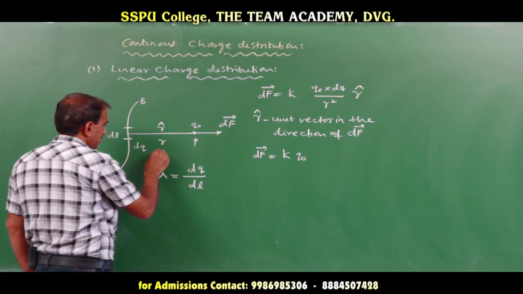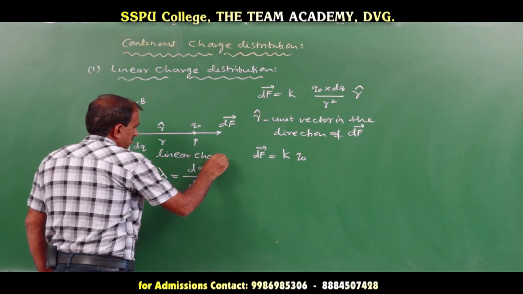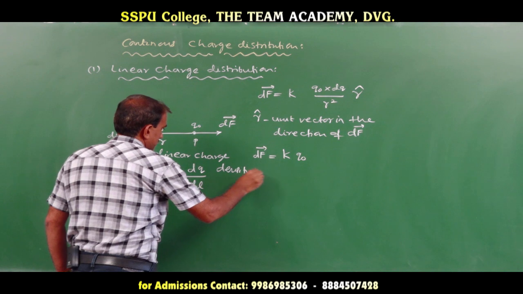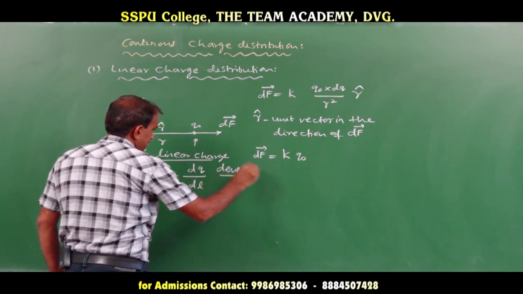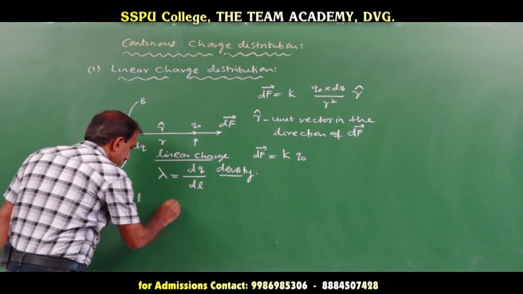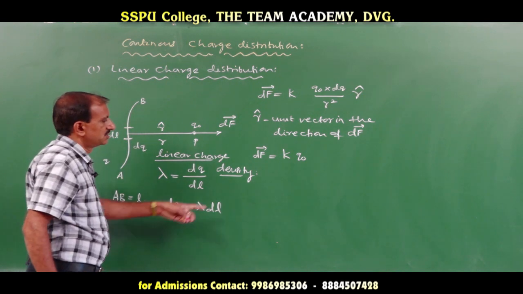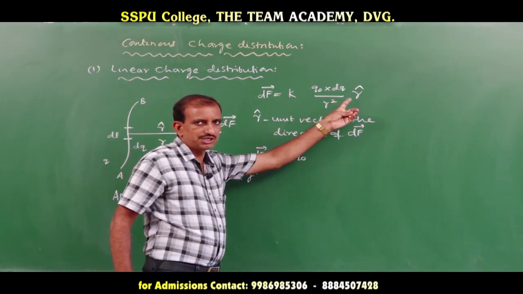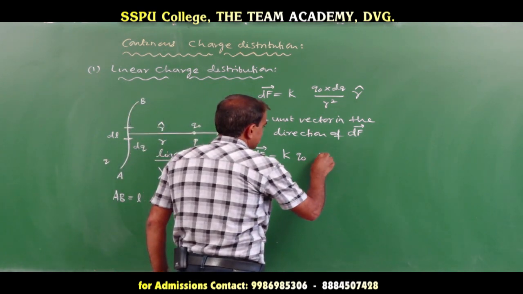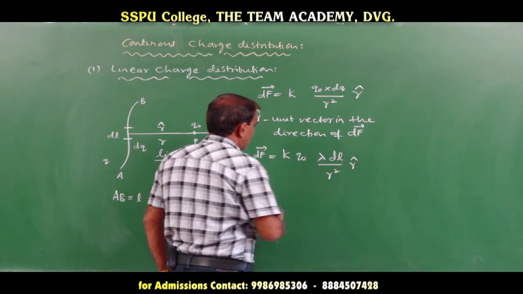Lambda is called the linear charge density. So lambda is equal to dq by dl, or dq is equal to lambda into dl. Therefore dF is k q naught lambda dl divided by r square into r cap.